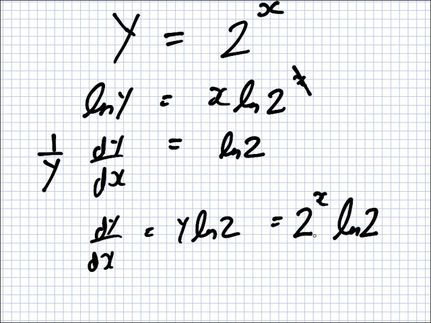I don't understand how you went from x log 2. How I went from where? x log 2, I differentiated. Yeah, but what's the derivative of kx? It's k. So in this case the log 2 is like the k.